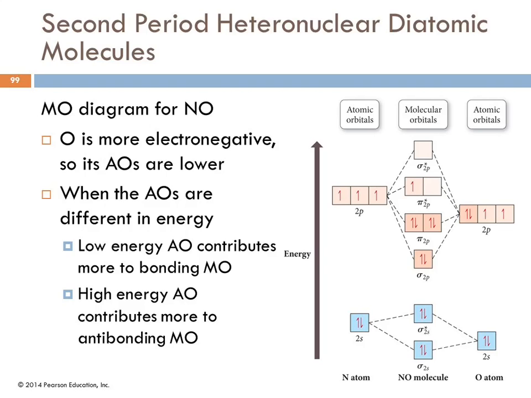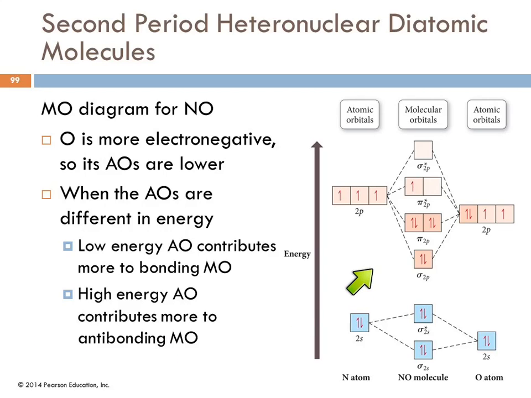He's asking, well, N was, be careful now, the orbital order was flipped and oxygen isn't, and how does that work? I'm getting to that. So oxygen is more electronegative. That means its atomic orbitals are lower. And when the atomic orbitals are different in energy, the lower one contributes more to bonding orbitals, and the higher one contributes more to anti-bonding orbitals.